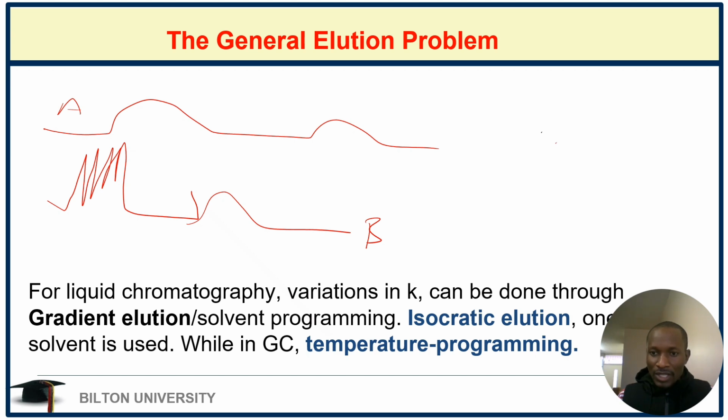So you inject your sample in the GC, set the parameters, and run it, but at the end of the day, your chromatogram can be like A or B.